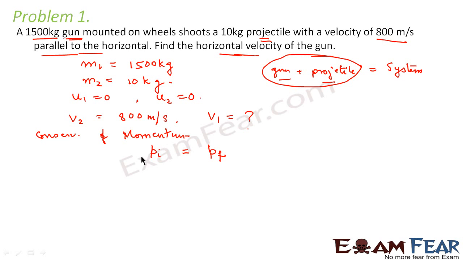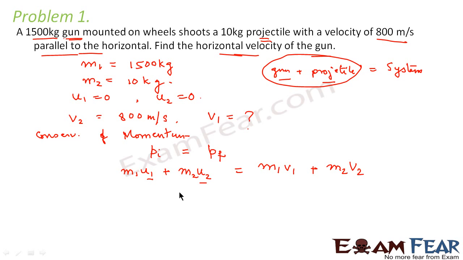So the total initial momentum of the system will be equal to the momentum of the gun plus the momentum of the projectile initially when it was at rest. That means P initial would be m1 u1 plus m2 u2. And what would be the final momentum of the system? That will be m1 v1 plus m2 v2.